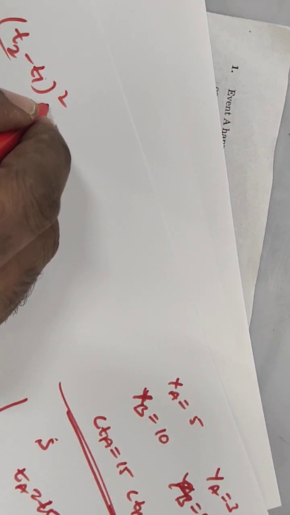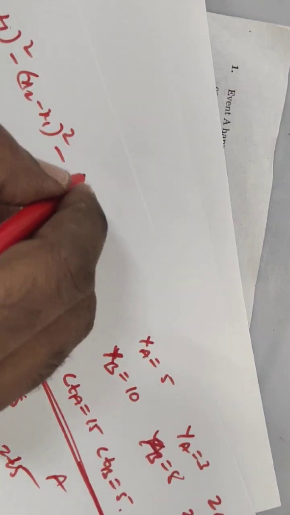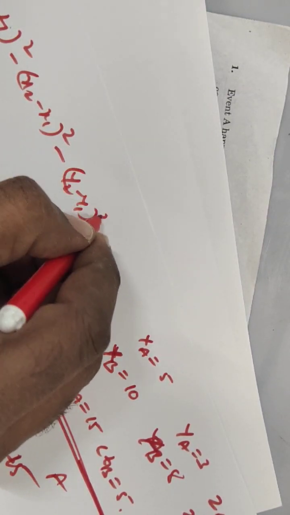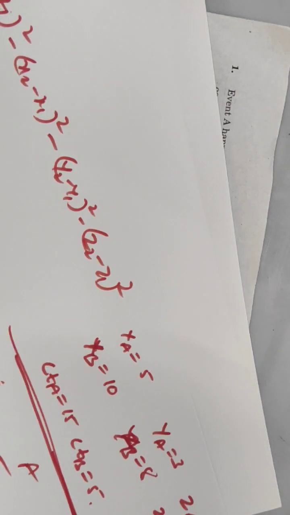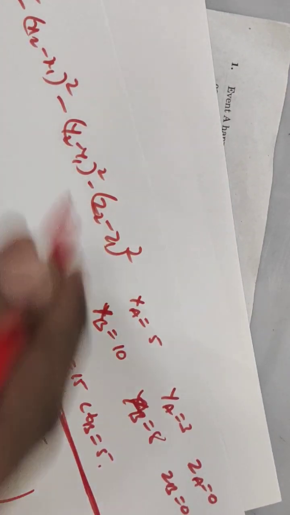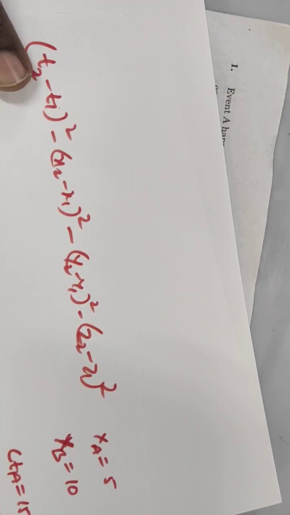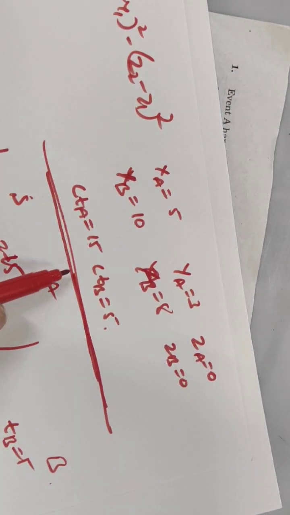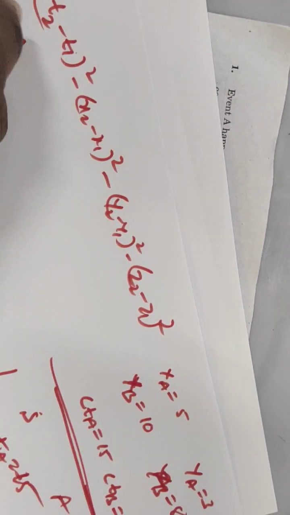The formula for this is (t2 minus t1) whole square, minus (x2 minus x1) whole square, minus (y2 minus y1) whole square, minus (z2 minus z1) whole square. First, the difference t2 minus t1 is 15 minus 5, that is 10, whole square.